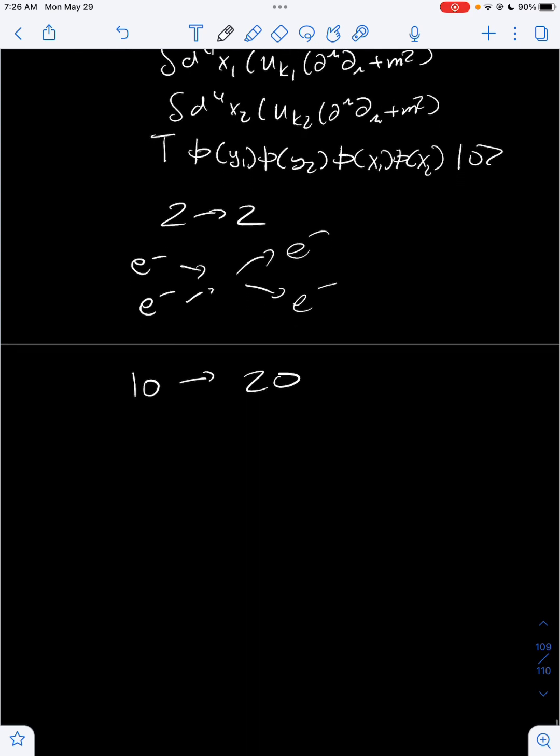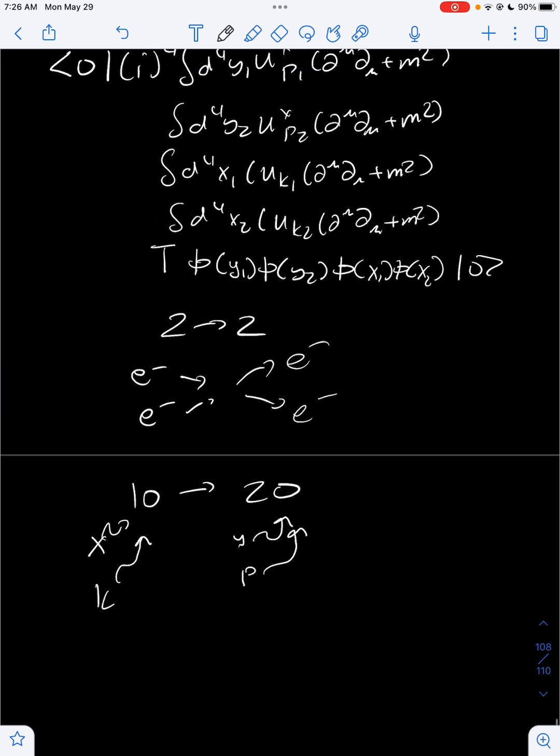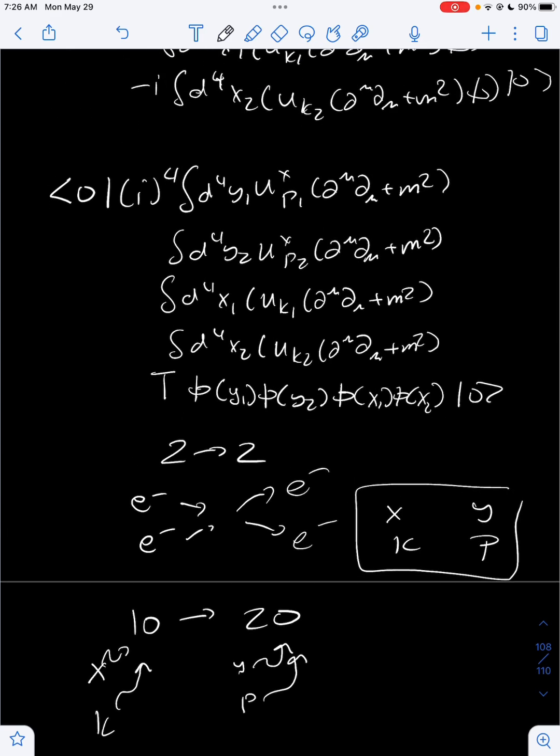It's going to help us to use x and k to label all the position and momentum data of the first 10 particles, and then y and p to represent all the position and momentum data of the 20 outgoing particles. So we use x and k and y and p just to organize things, so that we know, oh, if it has an x or a k, it represents the incoming particles, and y and p represent the outgoing particles. And we must use different labels for this integration, because we have different particles that we're integrating over, if that makes sense.